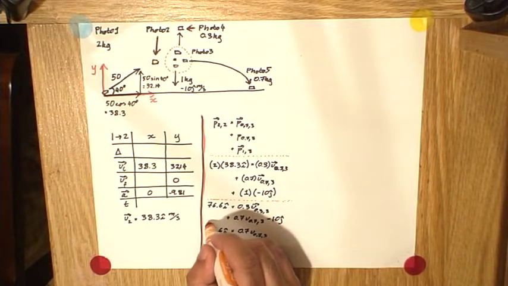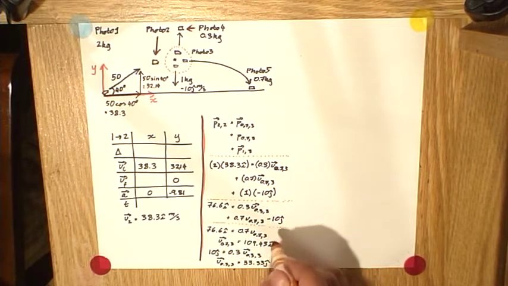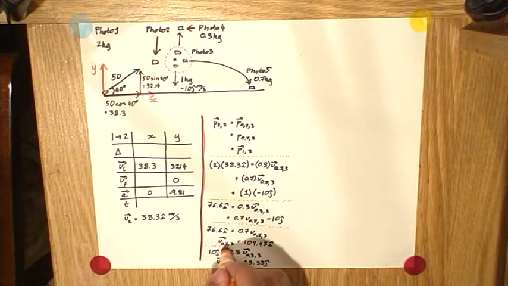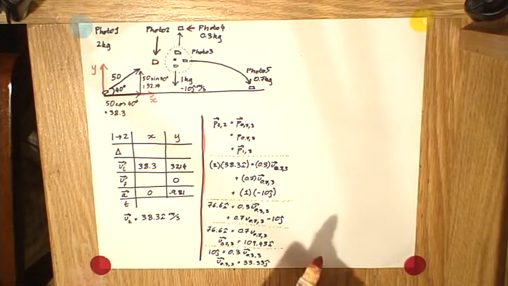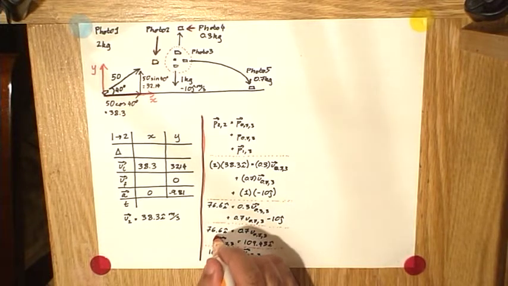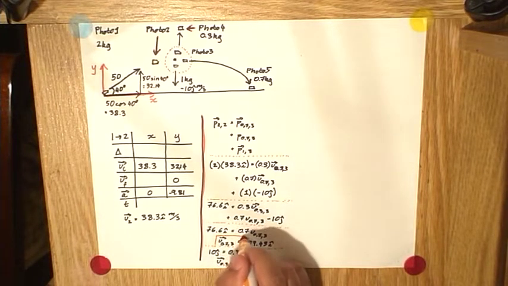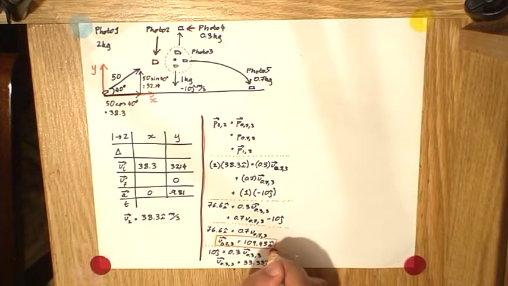And then over here, as we simplify, over here, as we broke out simply the x-coordinates by themselves, and we solved for the velocity of the 0.7 fragment immediately after the explosion.